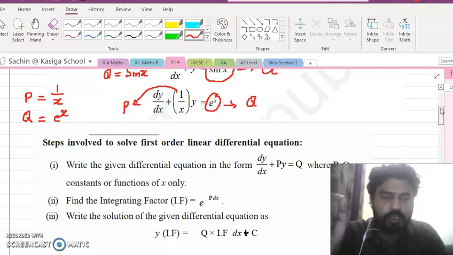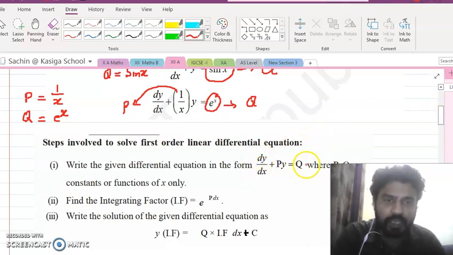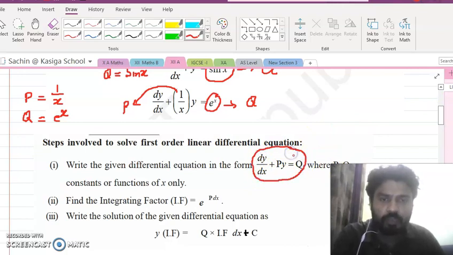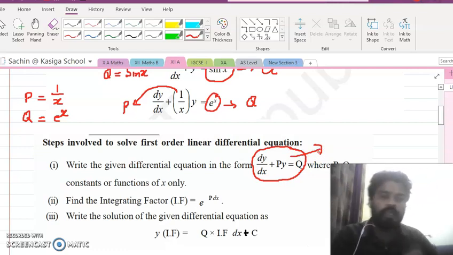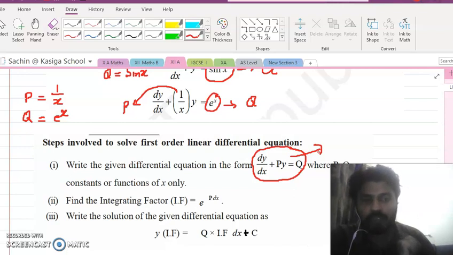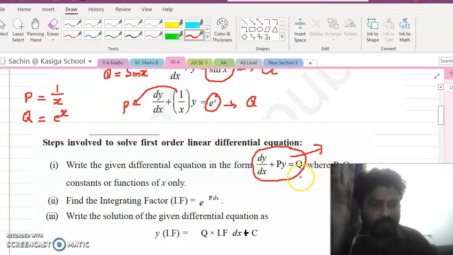So in the very first 10 to 20 seconds, your work is to recognize it. If you see the form dy upon dx plus py is equal to q, directly you can say this is a linear differential equation. Then your second work is to recognize what is p and what is q. At the right hand side, the function of x which is given is q, and the coefficient of y is your p.